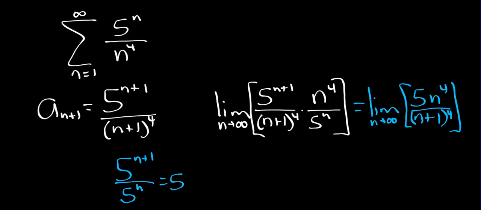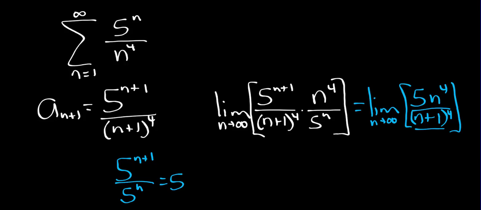Now, that 5 really doesn't have anything to do with what n does. I mean, it's part of the limit, but if you look at this, up top we've got n to the fourth, and on the bottom we've got n to the fourth. If you expand out the bottom, which you don't need to, you would notice that your leading term was just a 1 n to the fourth.